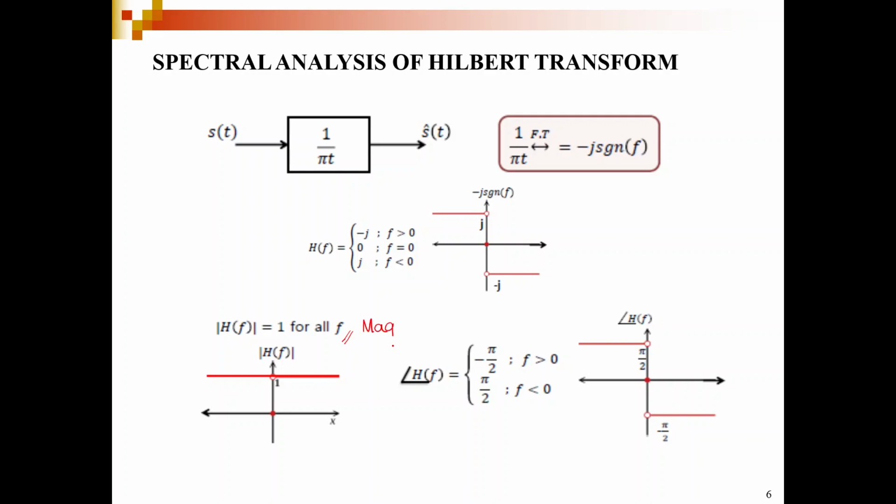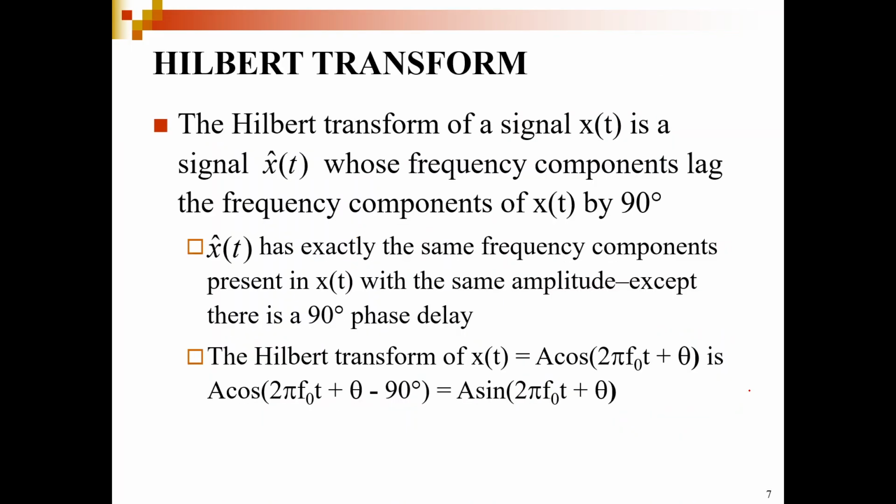So we can write the magnitude response, which is going to be a constant value 1 for all frequencies f, whether negative or positive, whereas in the phase spectrum you can see that the phase is going to be plus pi by 2 or plus 90 degrees for the negative frequencies, and minus 90 degrees for positive frequencies. When we write this, we are not writing in terms of omega, rather we are writing in terms of frequency f. So please remember that.